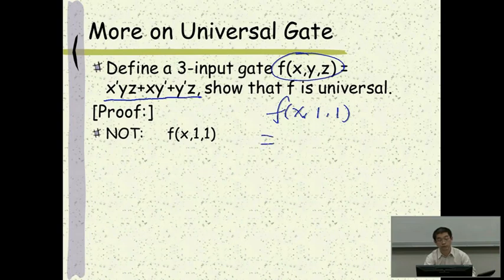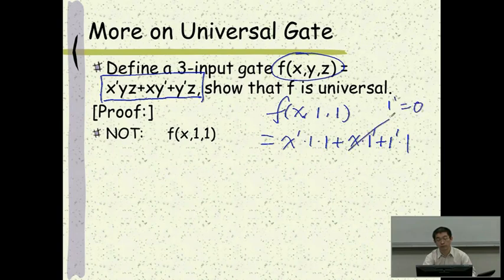So if I plug this into the definition of f, I get x prime times 1 plus x times 1 complement plus 1 complement times 1. And because 1 complement is equal to 0, these last two terms disappear. And then 1 times anything is that thing itself, so this gives us x complement. That is exactly the inverter.